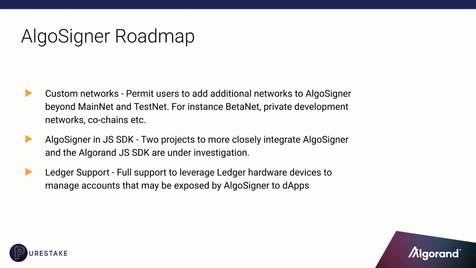If you're going to use the JS SDK and you want to use AlgoSigner as a signing tool, that interaction is not as cumbersome. Today you're defining and declaring objects on your own, and you don't necessarily need the JS SDK. But if you're using the JS SDK, we want to make it very easy for you to use AlgoSigner.